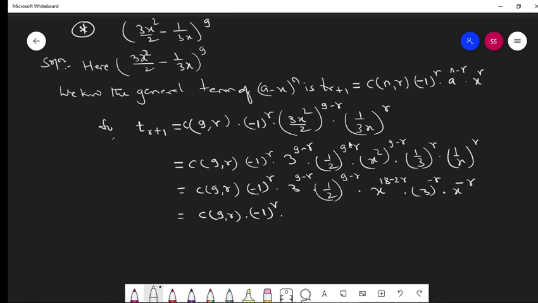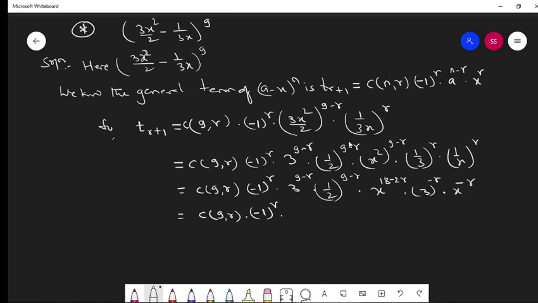Now let the independent term occur in the (r plus 1)th term.